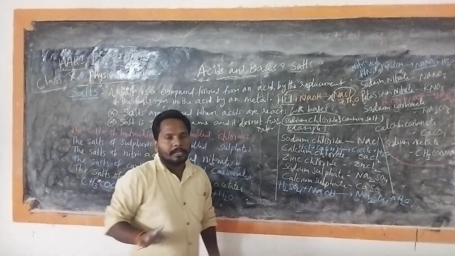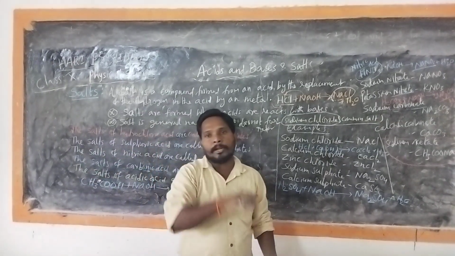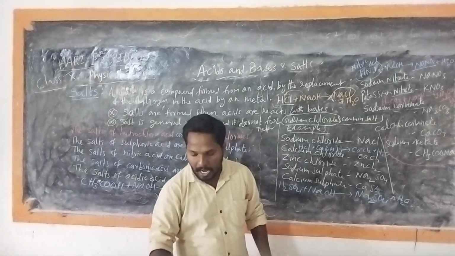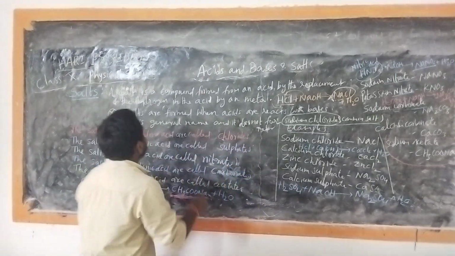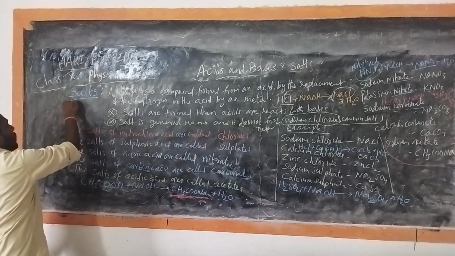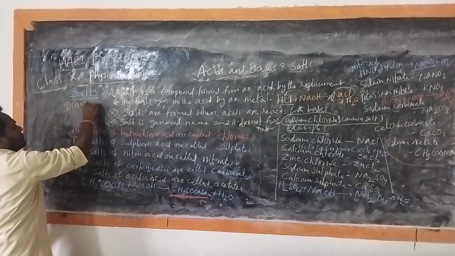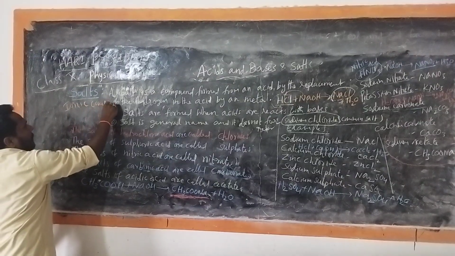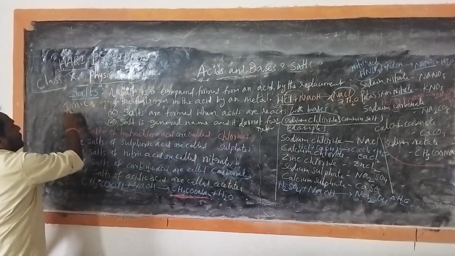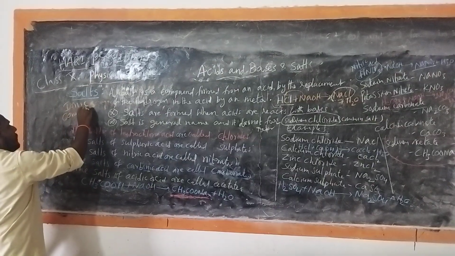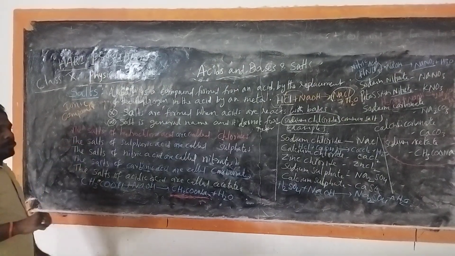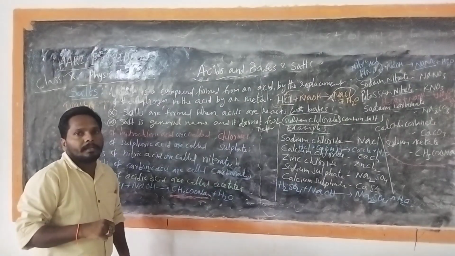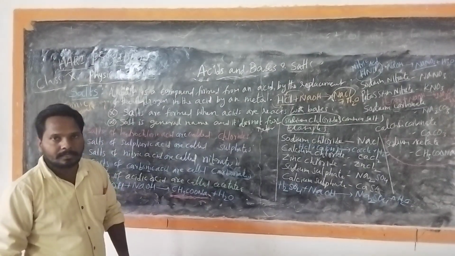Salts are usually soluble in water. Salts are ionic compounds. You will learn what ionic compounds are in coming chapters.